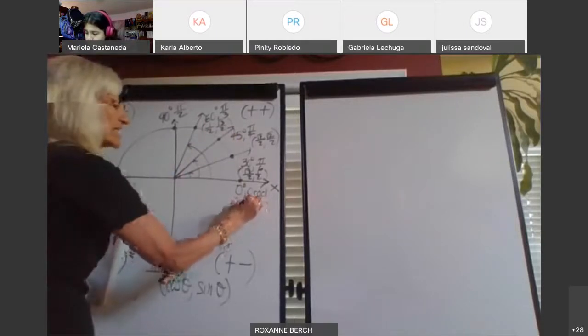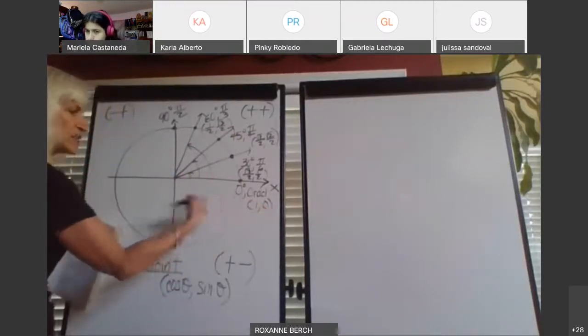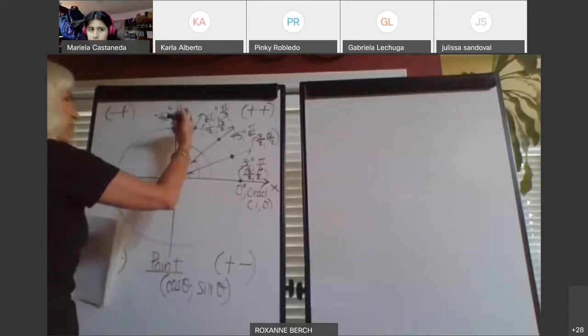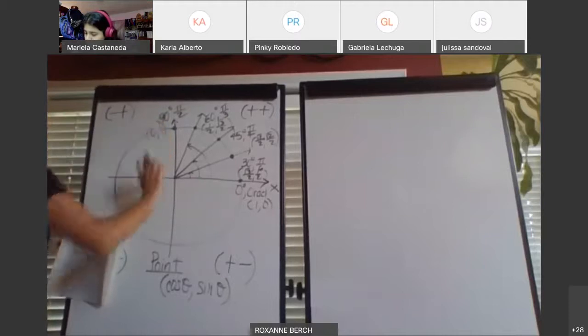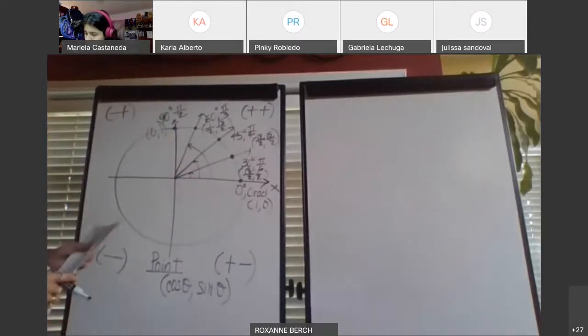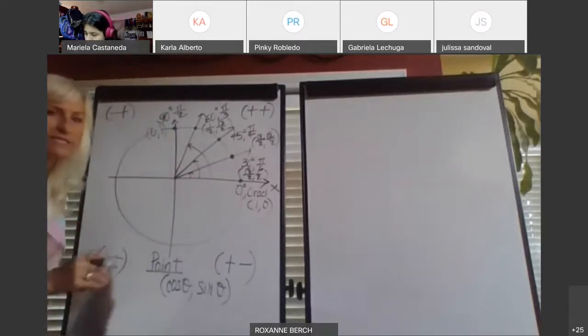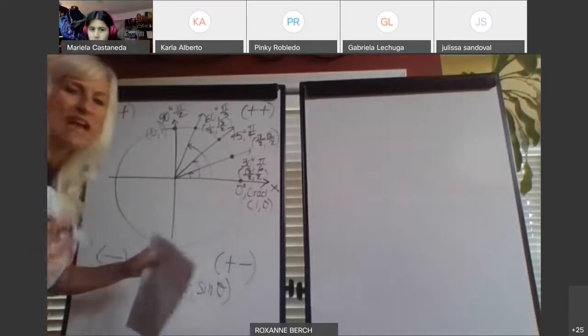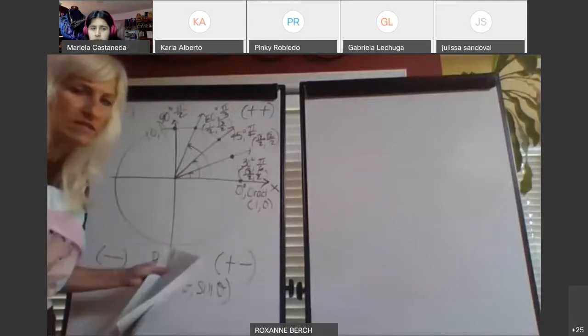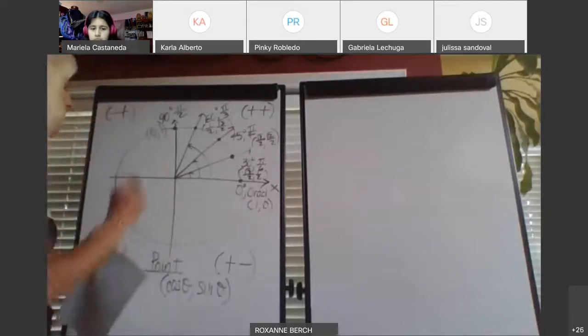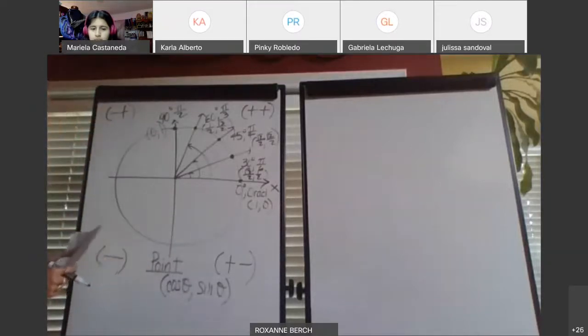Right 1, 0, because the radius is 1, and this point would be 0, up 1. You must memorize this, and you must understand this like walking or breathing. You have to just know this. You've got to be able to come up with these super quick.